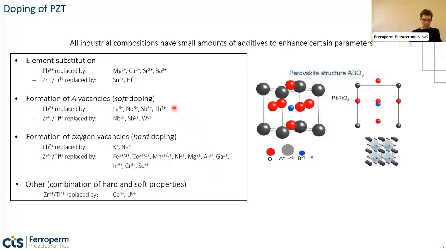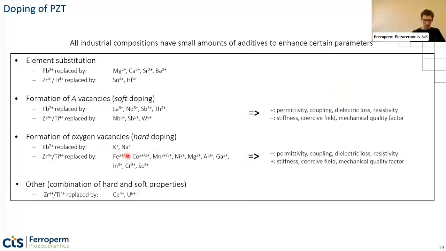And either you get properties like what we call soft doping, or by doping with these elements you can get hard properties as shown here. There are also other ways of changing the composition, but the most important ones are soft doping and hard doping.